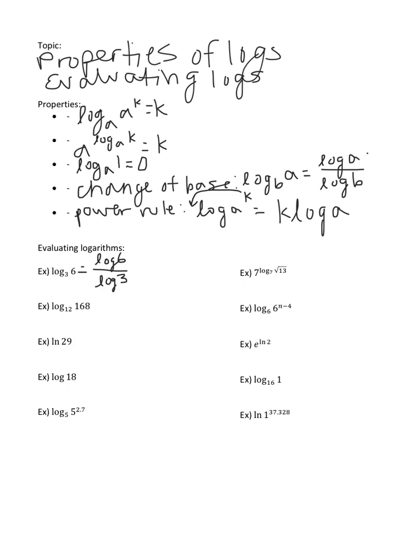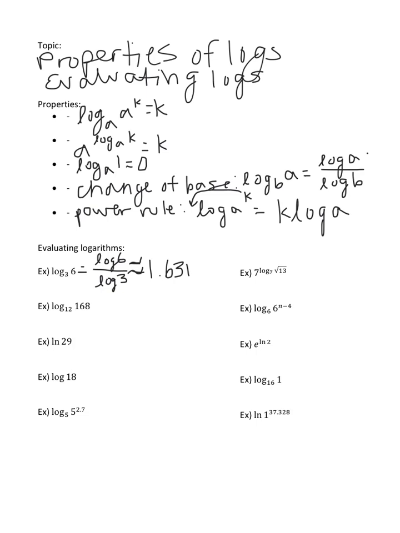And that we can just type right into our calculator. So I type in log 6 divided by log 3. And we can see that equals 1.631. That should probably be an approximated equal sign.